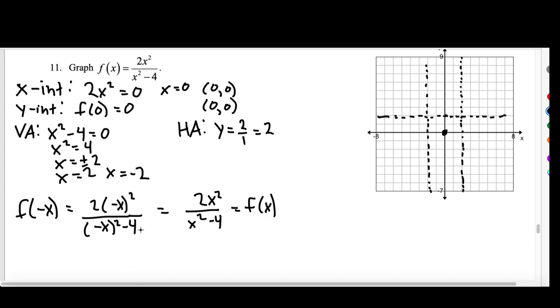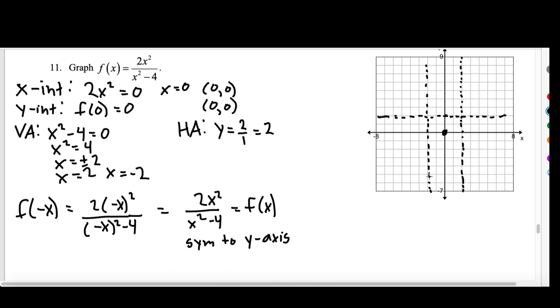So when we evaluate f of negative x, we just get the function right back. That means it's an even function and it will be symmetric to the y-axis. So that is helpful information, because if I can figure out half of the graph, then the other half will just be a reflection of that, right?